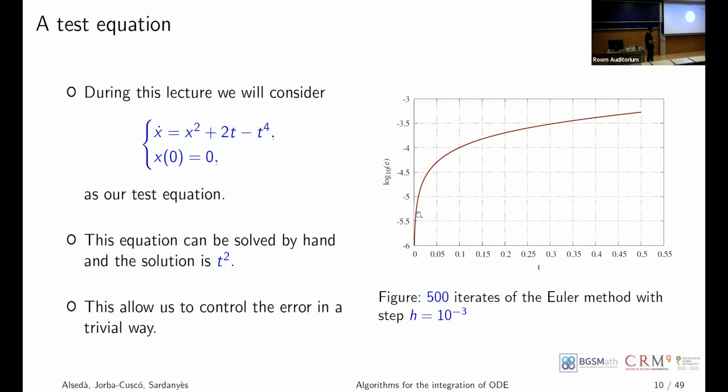So when you see a minus 6 here, you have to think about 10 to the minus 6. This is a standard way to display error. So what we see here is that close to 0, the error behaves as expected, as the local error formula is telling me, which is 10 to the minus 3 squared, so 10 to the minus 6. This is a minus 6. So I'm looking just at the exponents.